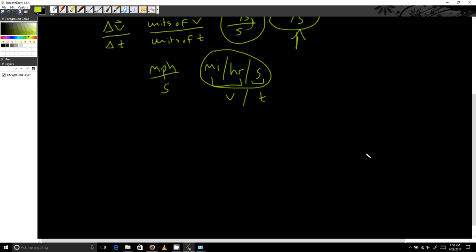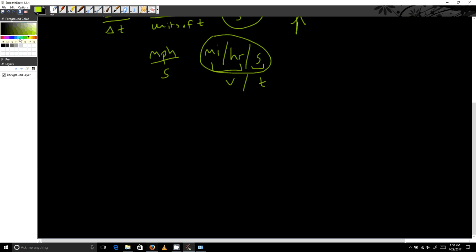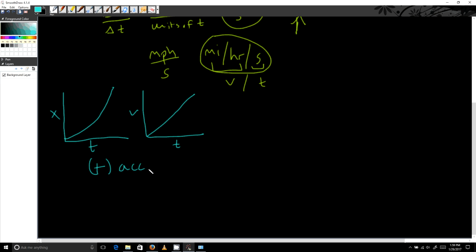So if we were looking back at the graphs that we created at the beginning, and we had a position time graph that looked like this, recall that this would give us a velocity time graph which looks like this. These represent a constant positive acceleration.